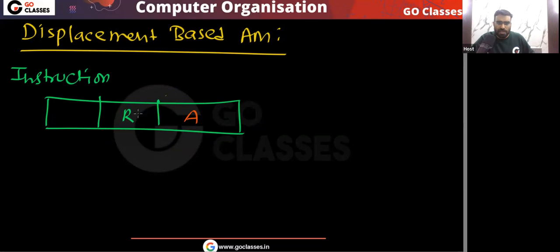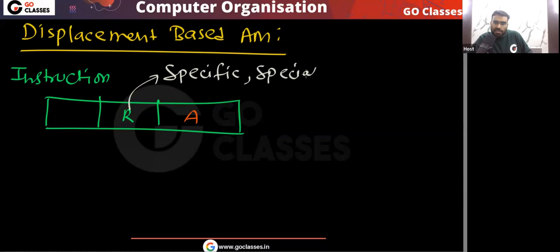Don't worry, that will become clearer. So in the displacement based addressing mode, there are 2 things. One thing is a register. This is a specific special purpose register.